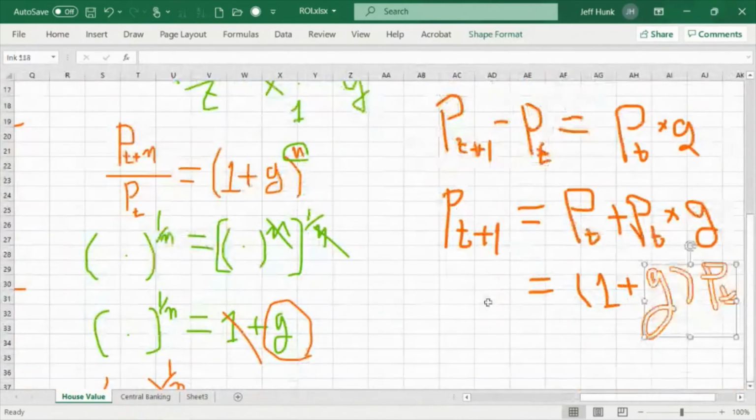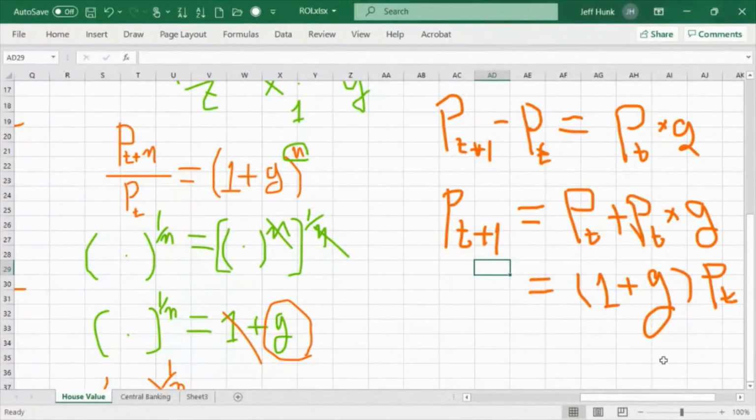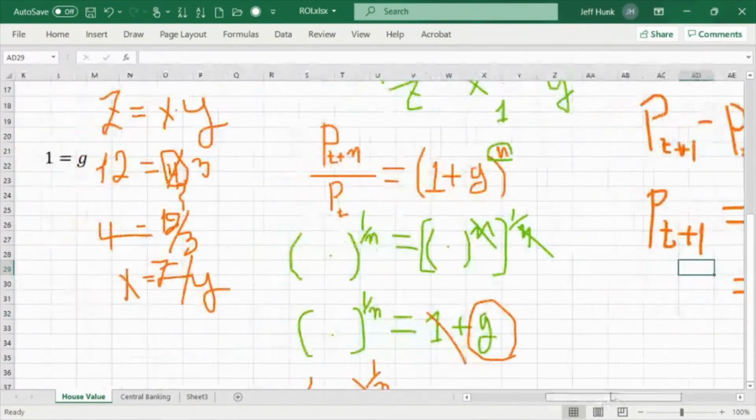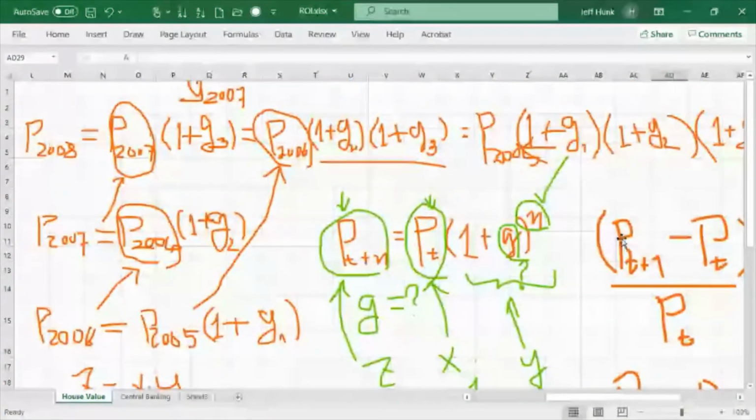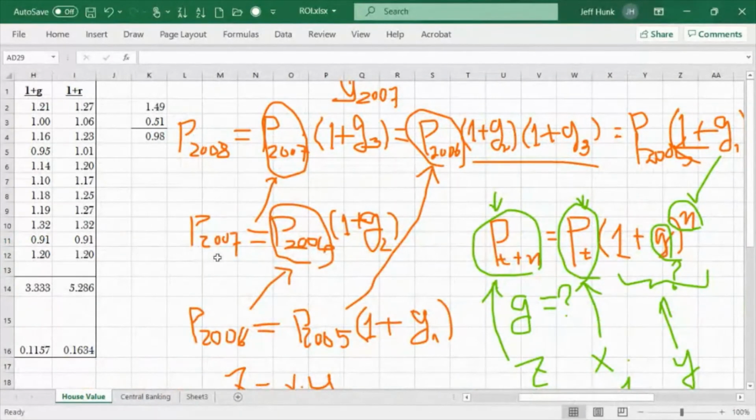And you see why it is so, because P_{t+1} is 1 plus G times P_t. Then the 2007 price is the price in 2006 times 1 plus growth rate in year 2, which is the growth between 2006 and 2007.